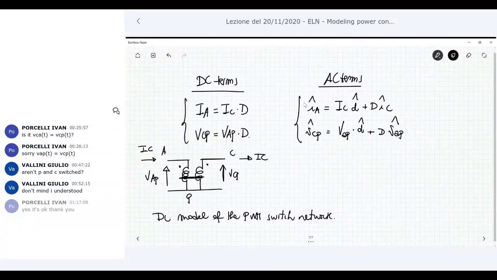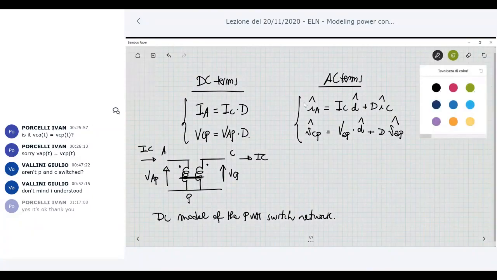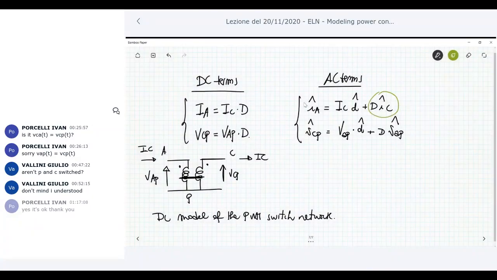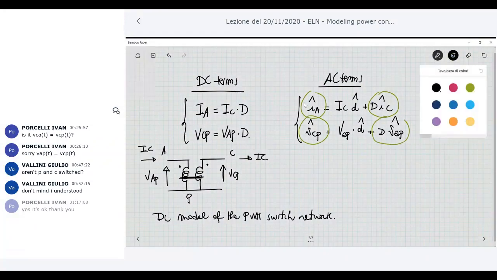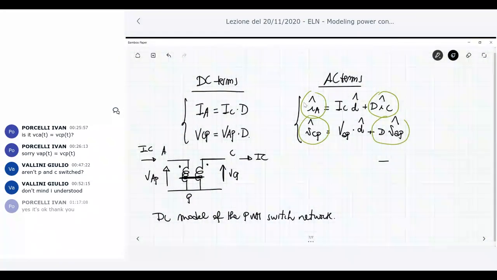Again, we can model these equations in a circuit way. We have two terms, this one and this one, and together with these two, the green circles here are something that can be described by our transformer.